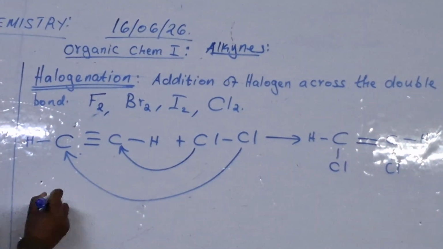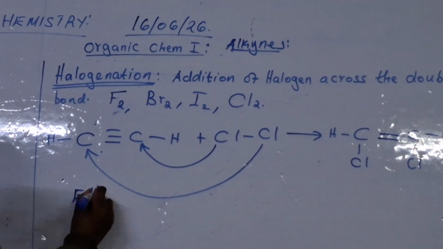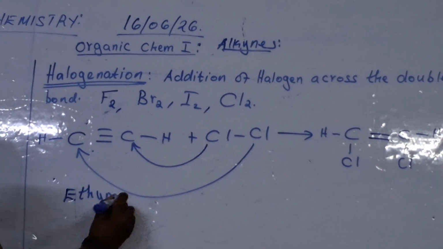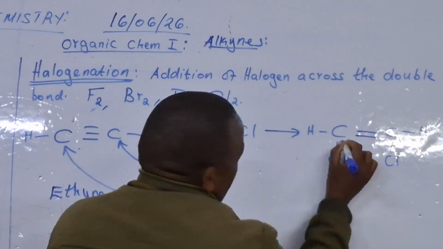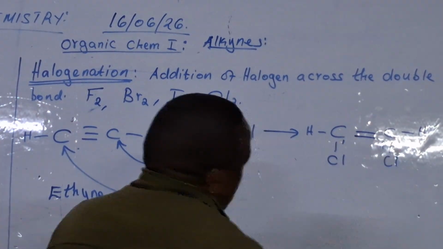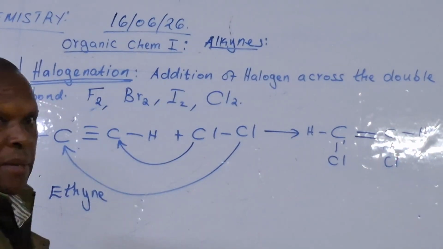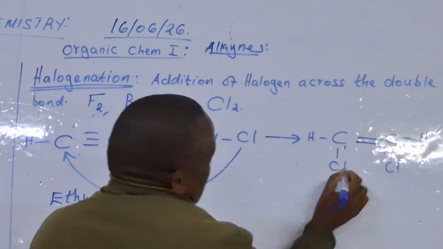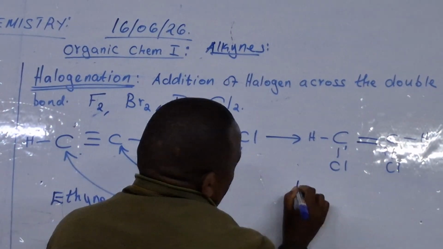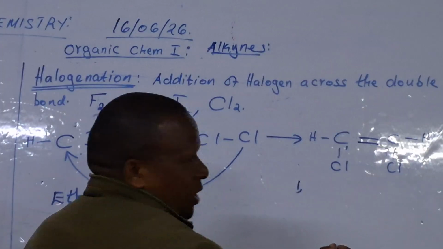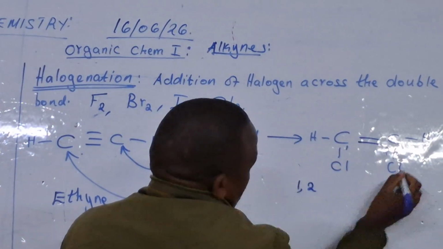So this was ethene. And the product here, we call this one number 1, and this one is number 2. Are we together? We name it. So the name will have 1 for this substituent, which is chlorine, and then 2 for this other chlorine.